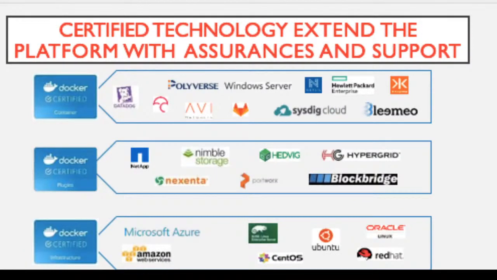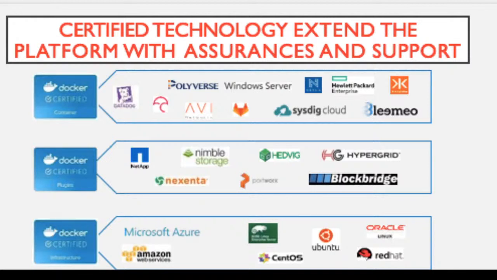Some kind of certified technologies extend the platform with assurances and support. I will show you that, and with that we will probably close the class for today. There are a lot of certified technologies for the Docker. You could see something like Red Hat, Oracle, Ubuntu, Azure, Amazon Web Services, and all of these things.